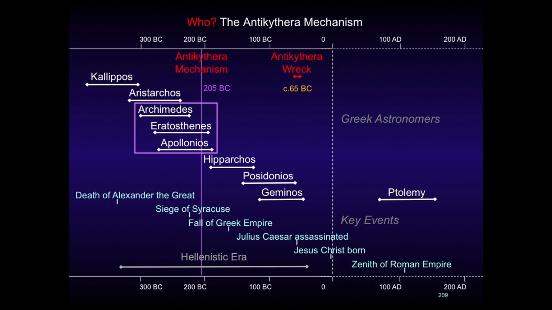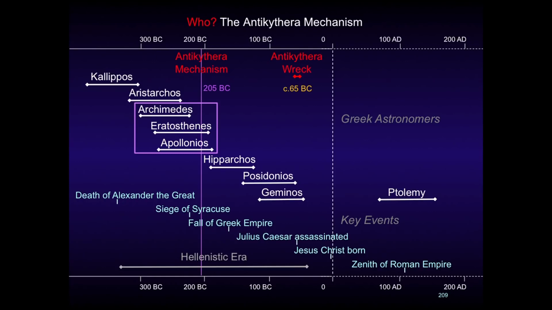Maybe Apollonius worked with Archimedes. They knew each other, I understand. But we really can't be sure. And of course, it might have been made by some unknown genius who has been lost to history, because the historical record is so fragmentary, which you as classicists will be all too aware of.